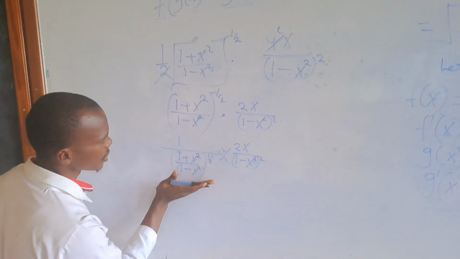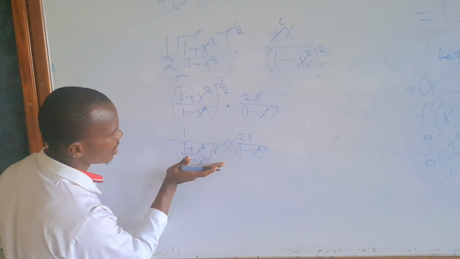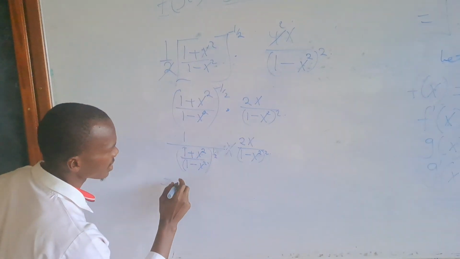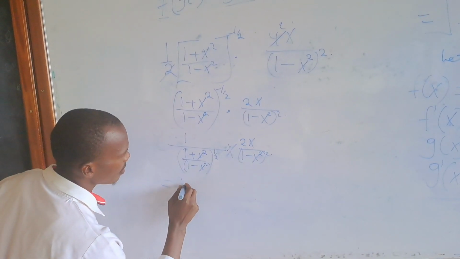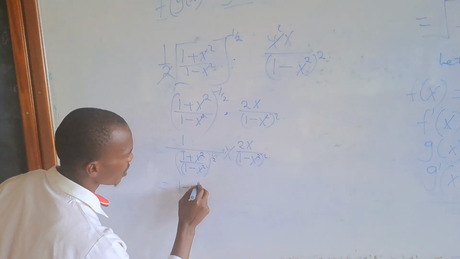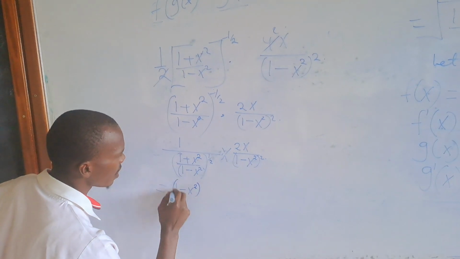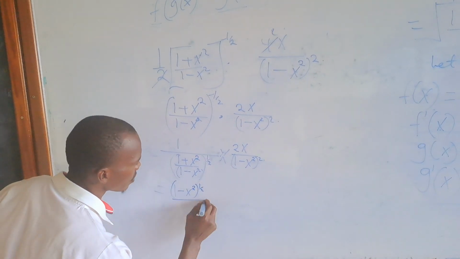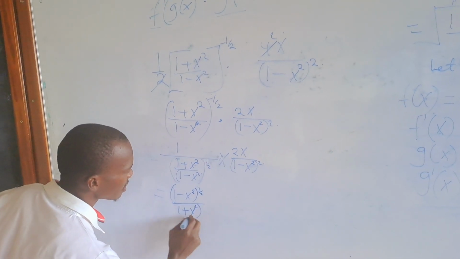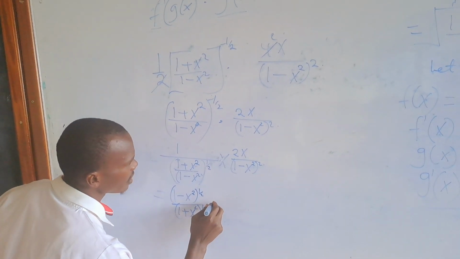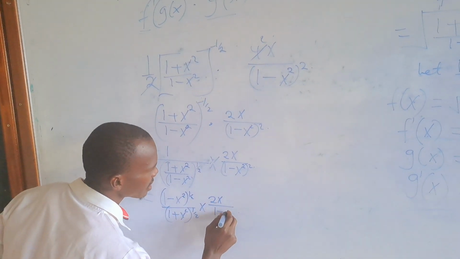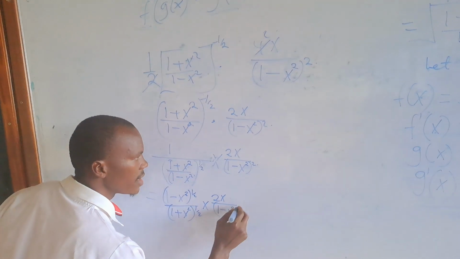But if you want to go further, you can do like this. We can get the reciprocal of this one. If you get the reciprocal of this, it will be just the same as 1 minus x squared. This one is raised to power a half. This one also 1 plus x squared raised to power a half. Then we multiply by 2x over 1 minus x squared.